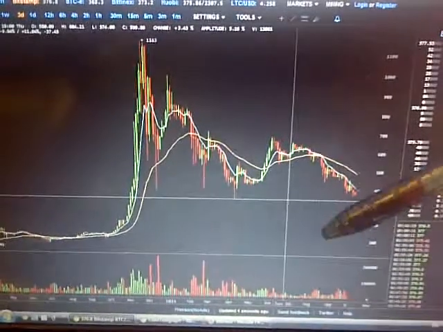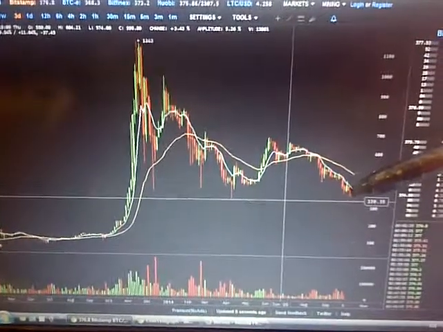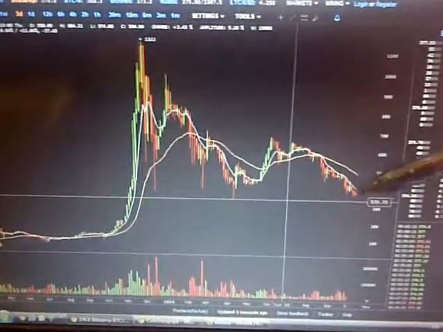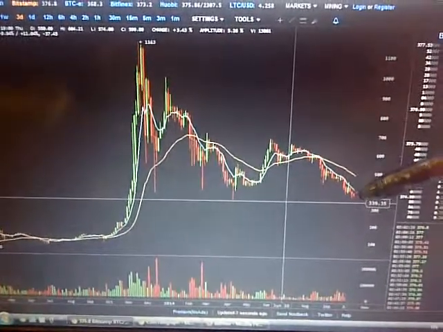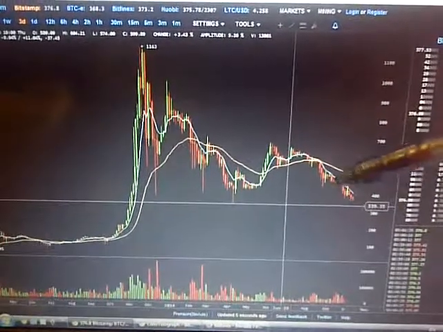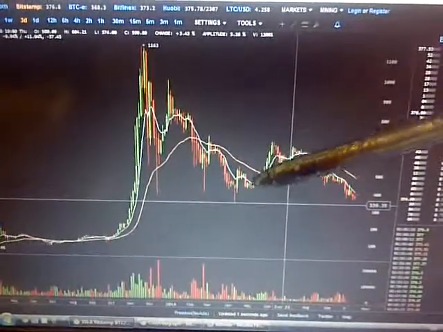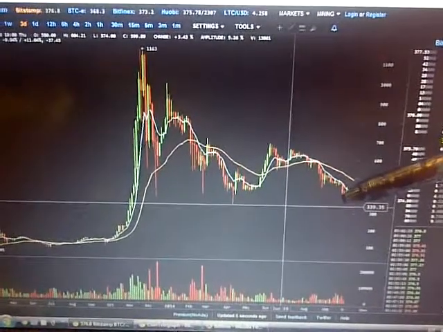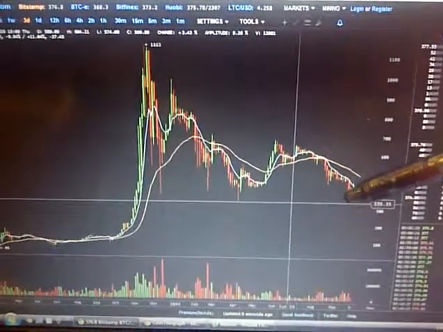Now for me, I cannot believe the amount of Bitcoins that I'm getting for the same amount of money that I've been paying for Bitcoins all this time. I mean, it's like, wow, it's amazing how many Bitcoins I'm getting.